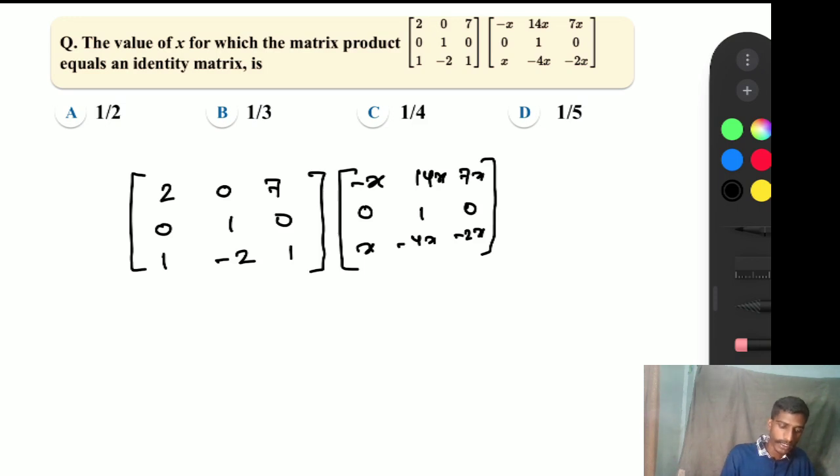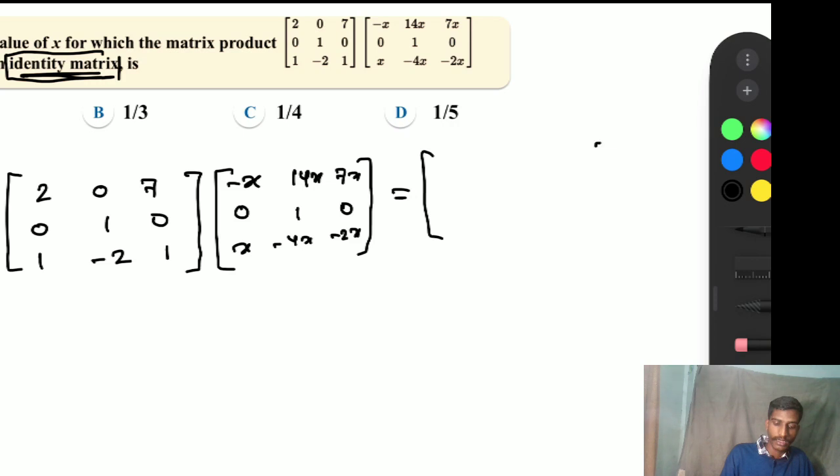It is said that the product should be equal to the identity matrix. So what is an identity matrix? I mentioned earlier that if the diagonal values are all 1 and the rest of the values are 0, then we can say that it is an identity matrix.